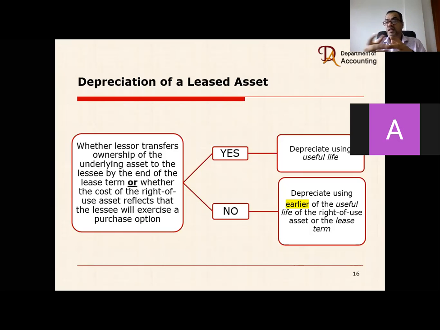Third scenario is useful life is greater than the lease term. First one is equal, second one is less, third one is useful life is greater than the lease term. Useful life is 5 years, lease term is 4 years.